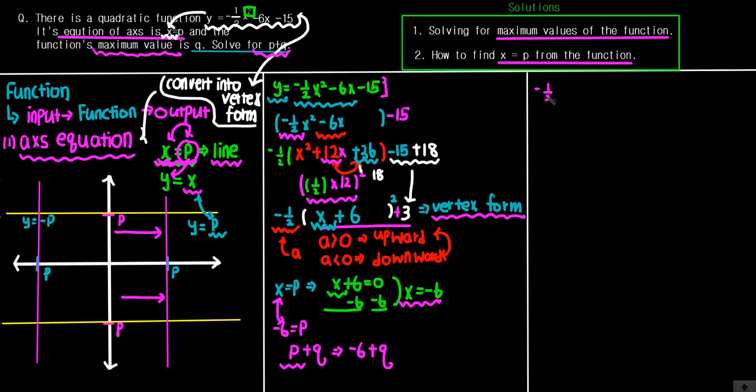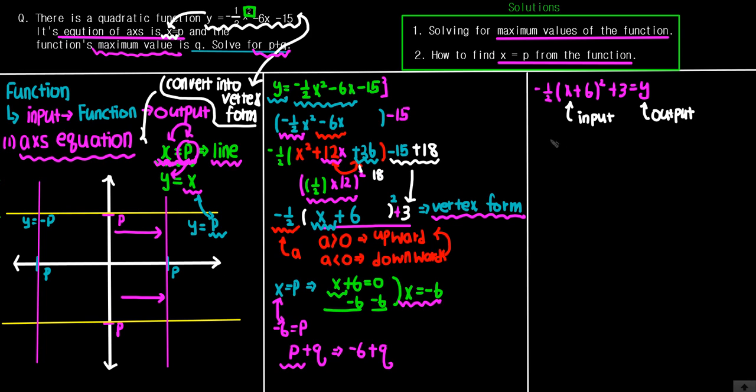Negative 1 over 2 times x plus 6, and then squared, plus 3, and that is going to be equal to y. And if you think about this, let's input the value of x. We know that x is the input value, and y is the output value.